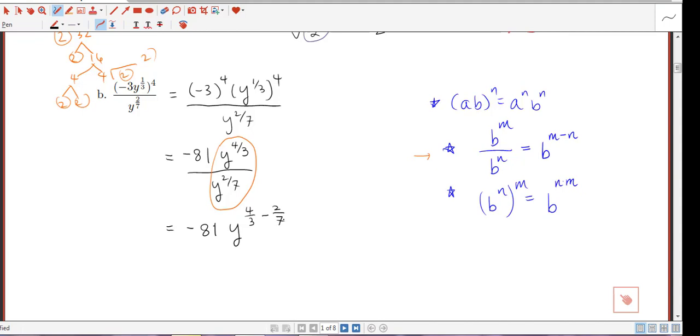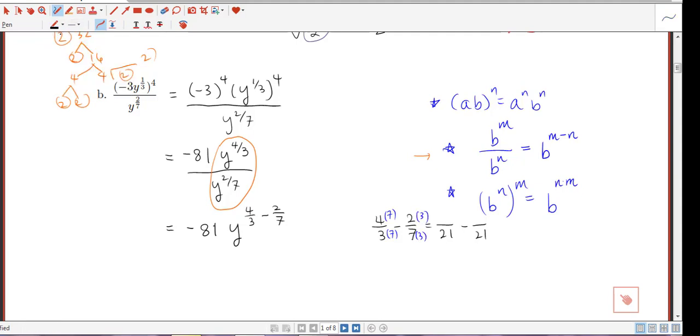All right, so let's just compute this a little bit. We need the LCD. 4/3 minus 2 over 7. The LCD will be what? 21. So that means I have to multiply the first fraction on the top and the bottom by 7, and the second fraction by 3 and 3.